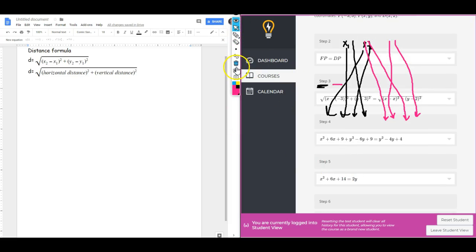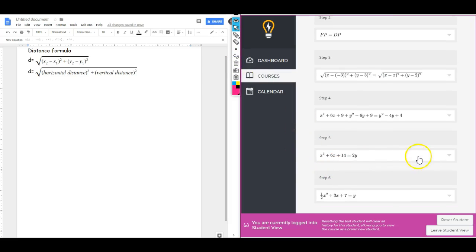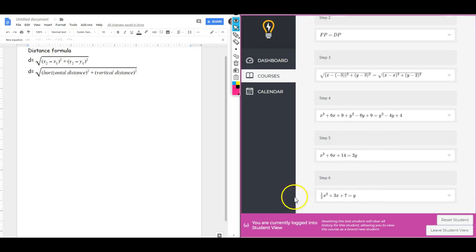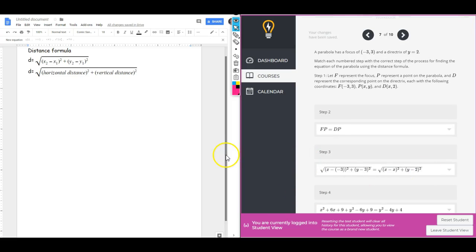Then step 5, they simplified and collected like terms, and they ended up with x squared plus 6x plus 14 is equal to 2y. Step 6, the equation for this parabola is 1/2 x squared plus 3x plus 7 is equal to y. So those are the steps for you so that you can answer this question.